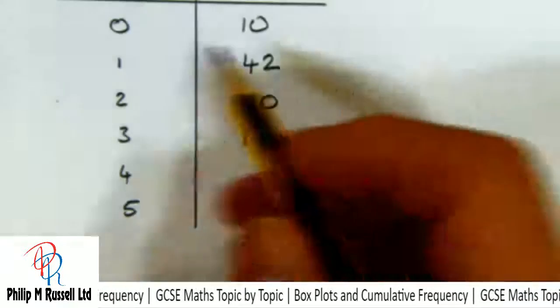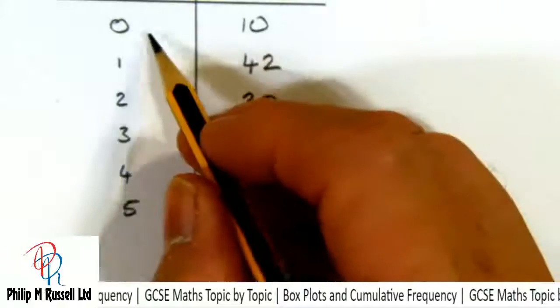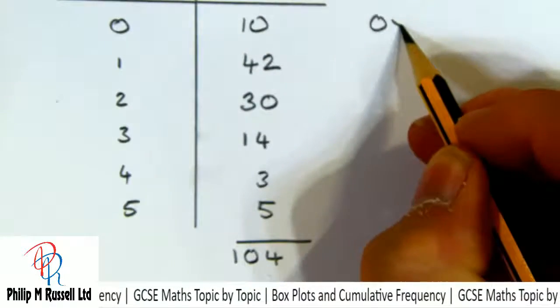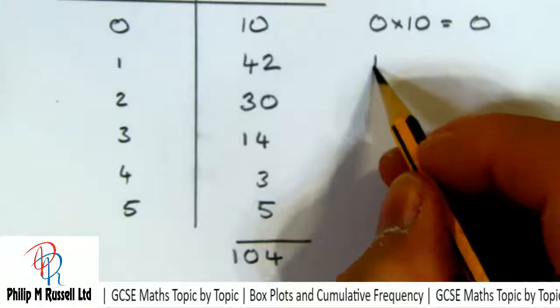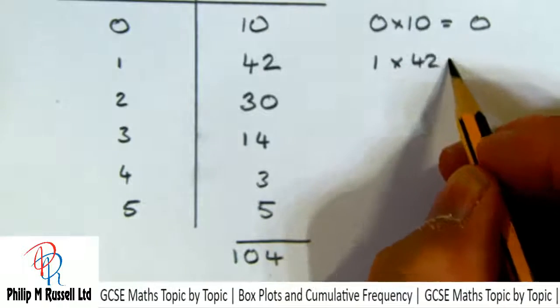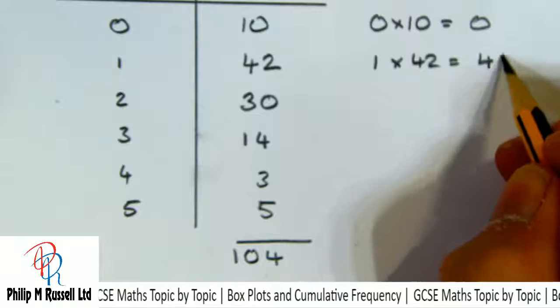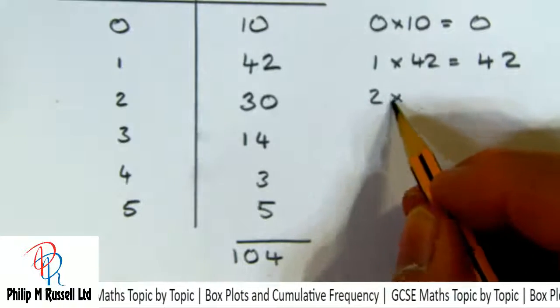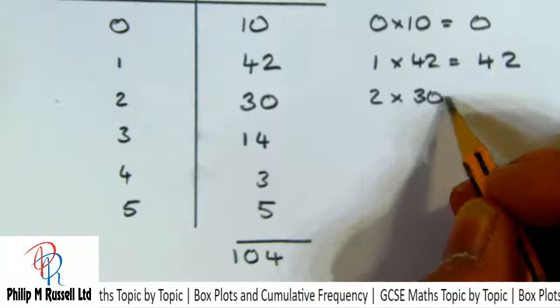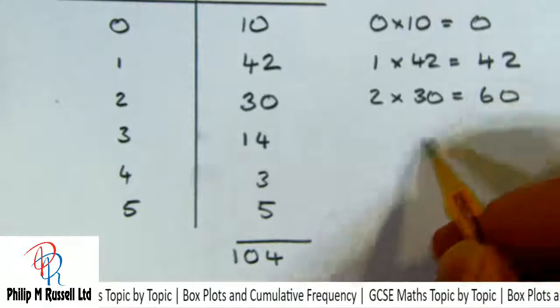If we want to work out the total number of children, so that's going to be 0 times 10, quite an easy one, that one. 1 times 42, that's simply going to give me 42. 2 times 30, we're going to have 60 there.